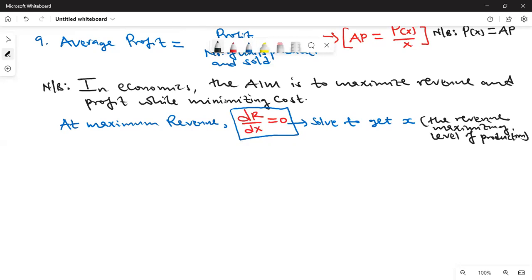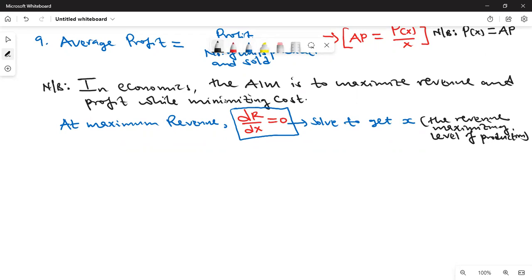And you know, you don't just assume that the value of x will give you the maximum revenue. You must test using the second derivative test. You must know that it is not always the case that the x that you have found should always give you the maximum revenue. So use the second derivative test.